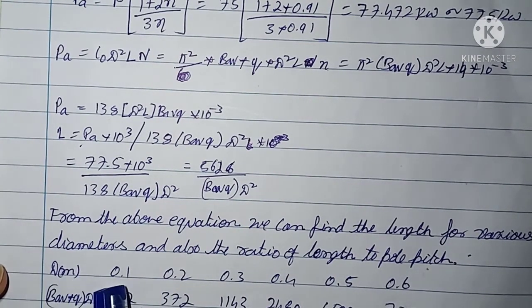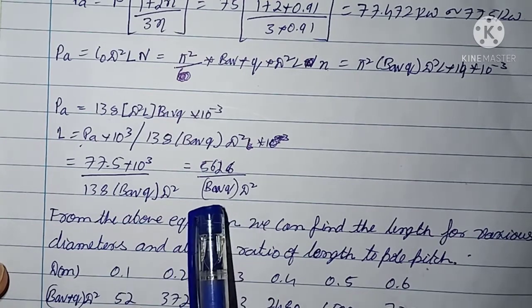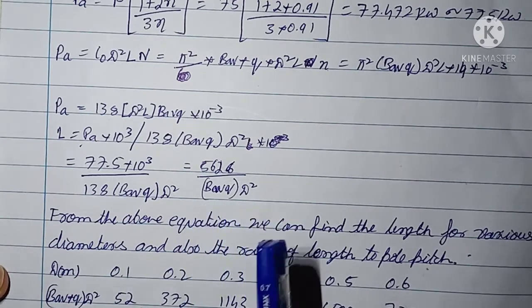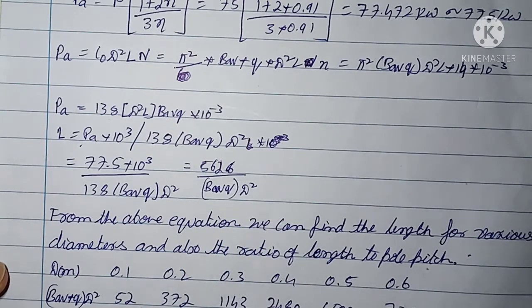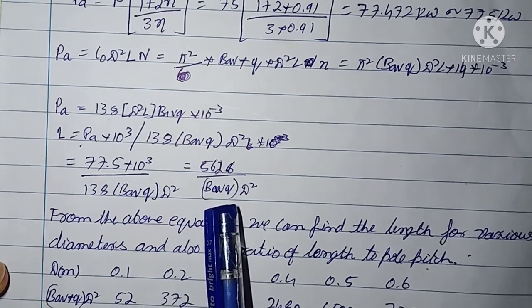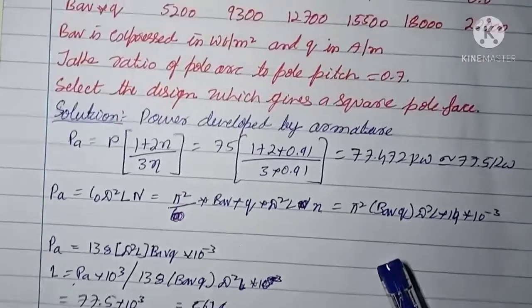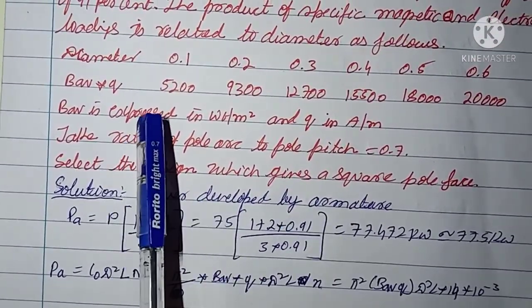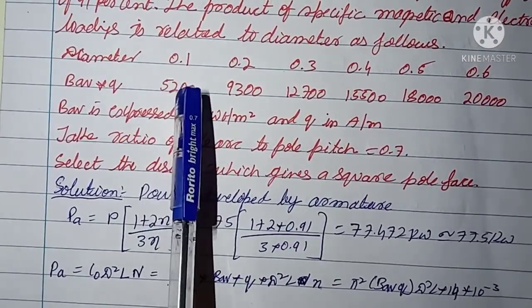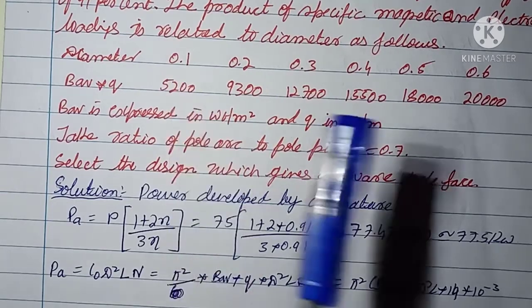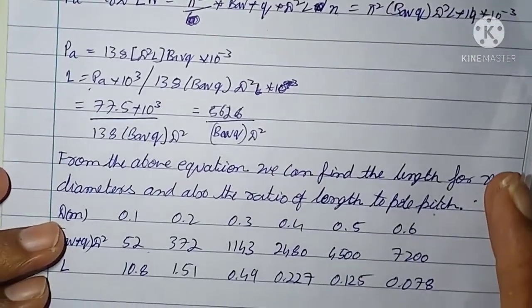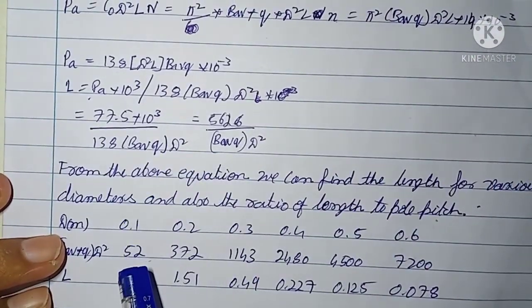So diameter in meters for 0.1, 0.2, 0.3, 0.4, 0.5, 0.6. The values of B_av q d square will be 52 for 0.1, since 0.1 squared is 0.01, so it is 52.